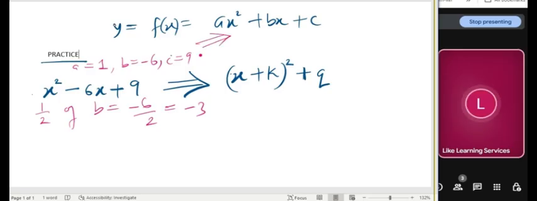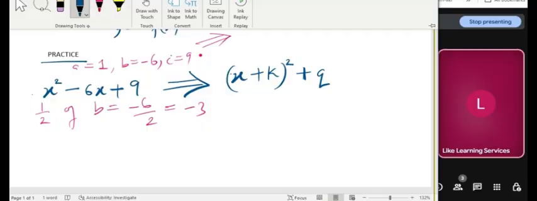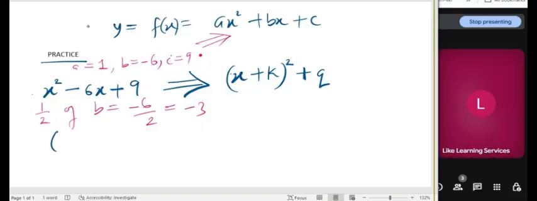Okay, half of b is minus 3. So what you simply do is start a bracket, write x plus that half of b.